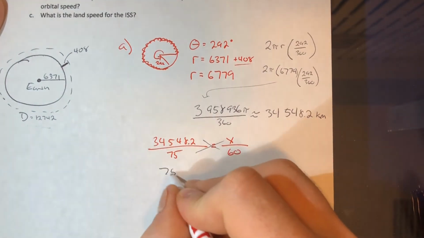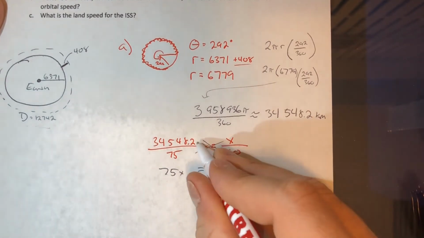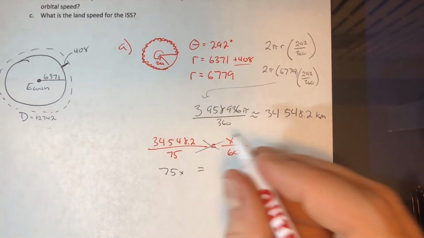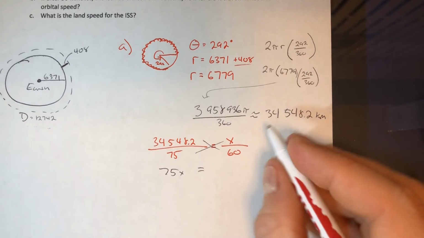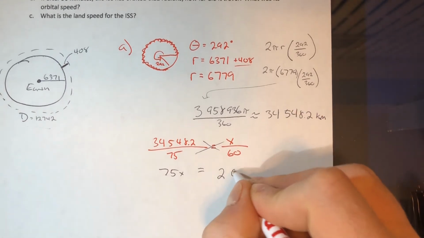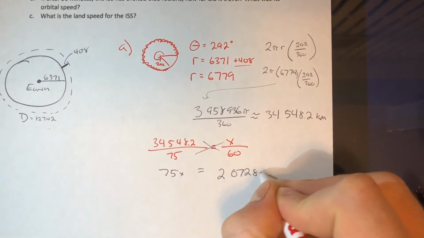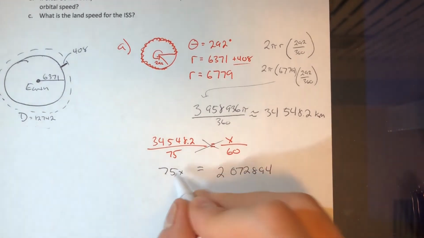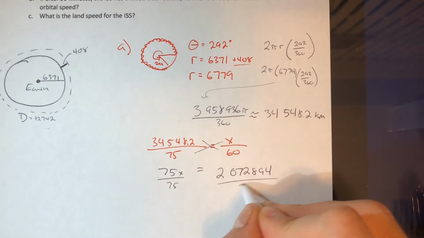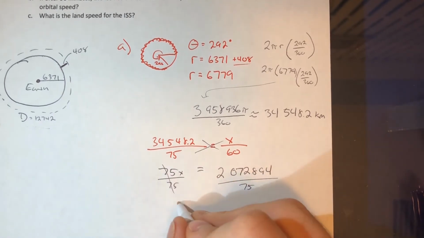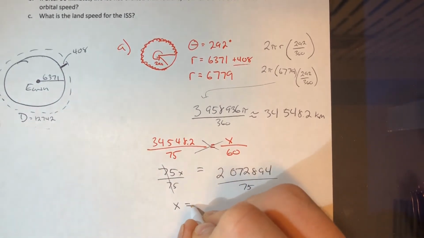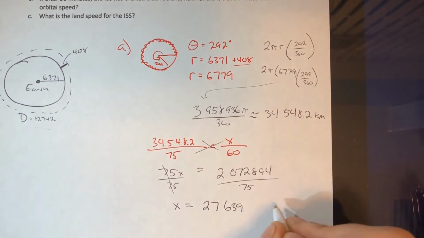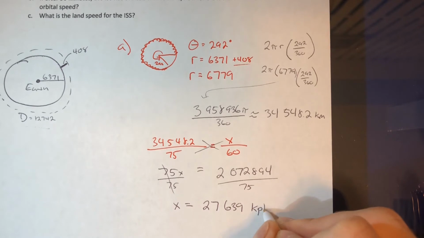Cross multiply. 75x. 60 times 34,548.2. That's going to give me, let's see, 2,072,894, and it's got some decimals. We're going to round that for right now. If I divide both sides by 75, it's going to cancel that. So my speed is going to end up being roughly 27,639 kilometers per hour.